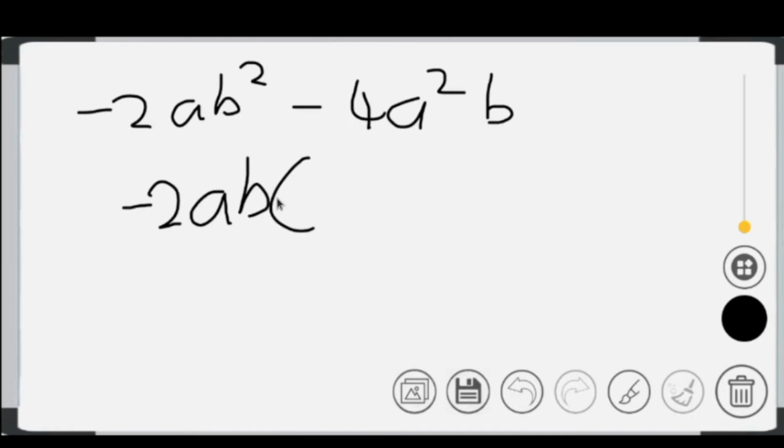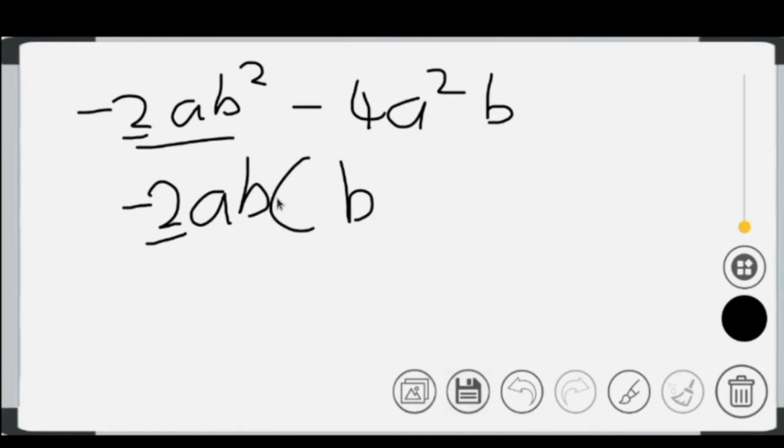If we factor out negative 2ab, what are we left with here? We are left with b, because a is going to take out a, and since it's b squared, one b is going to go out and one b is going to remain, and 2 is going to take out 2, right?